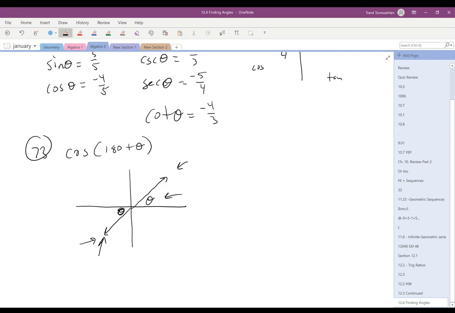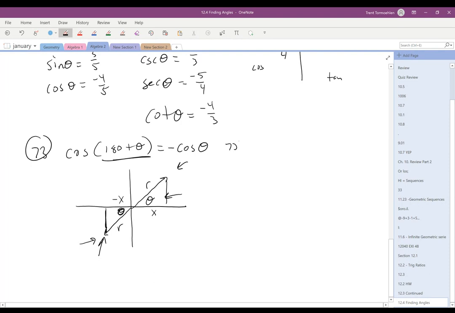So the cosine of 180 plus theta just equals negative cosine theta, right? Cosine theta would be this x value over r. So negative of that would be when this is negative, right? And then this is r. And so cosine 180 plus theta would be negative x over r, so cosine theta would be positive x over r, which is just the opposite of cosine theta to get the negative x over r. So that makes the equality true.